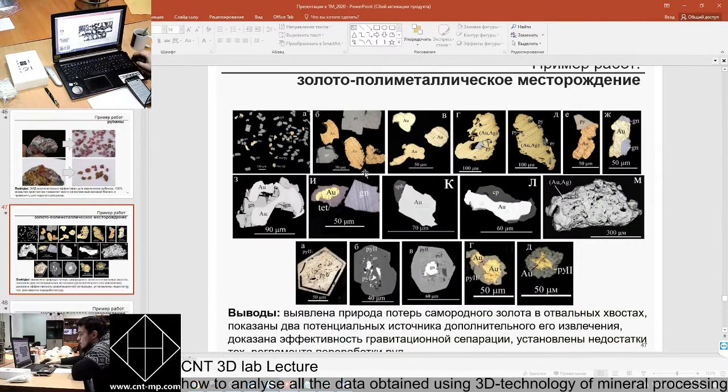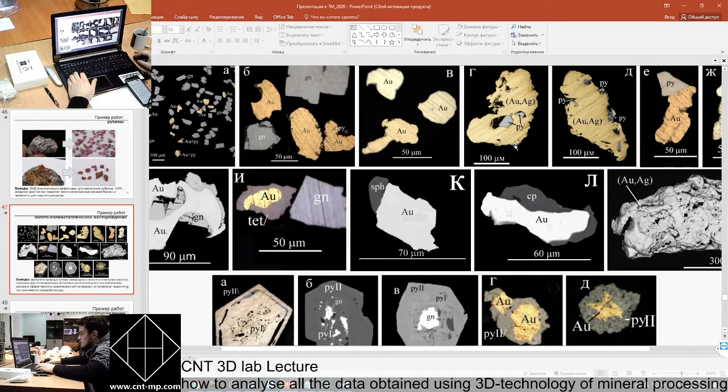Okay, for example, we can see there several types of gold grain. Some of them are fully liberated, they consist only of native gold, and some of them stay in intergrowths. For example, there is inclusion of pyrite in native gold.